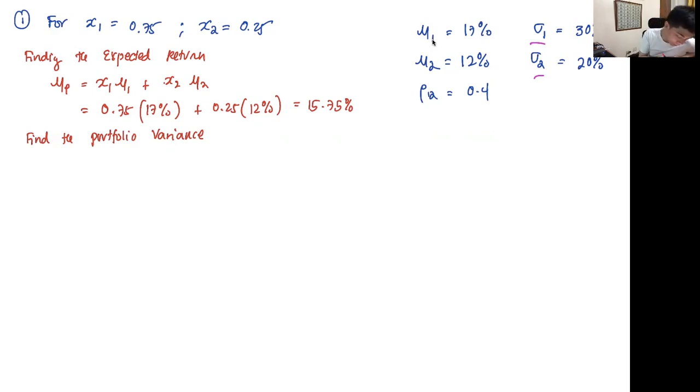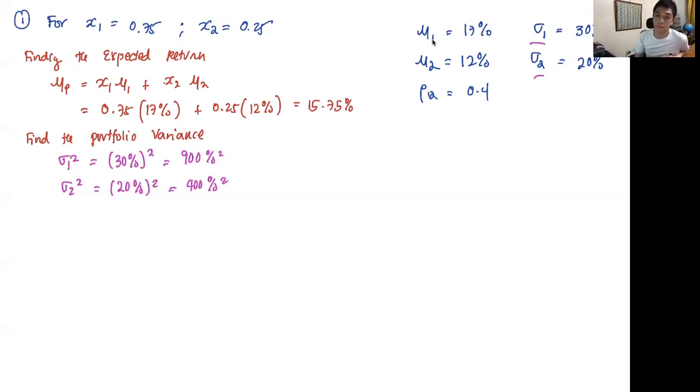Sigma 1 squared is 30% squared, which means the variance of asset 1 is 900% squared. The same goes for asset 2: sigma 2 squared is 20% squared, which is 400% squared.